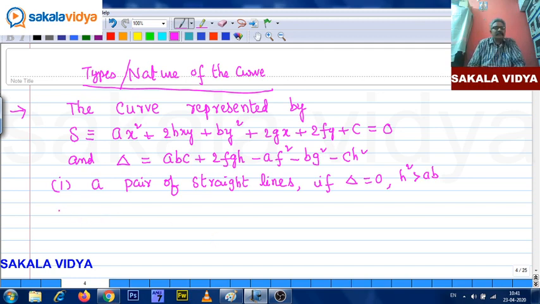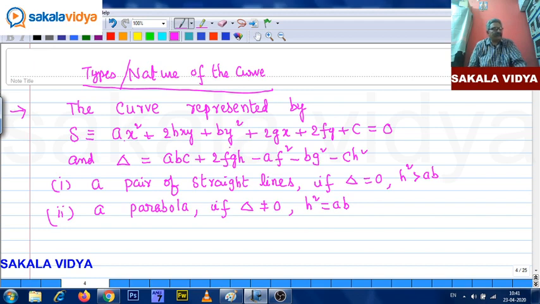So, second point, a parabola. What is the test need to be conducted? If delta should not be equal to 0 and next condition h square must be equal to AB, or ax square plus 2hxy plus by square will be perfect square, immediately we can say parabola.